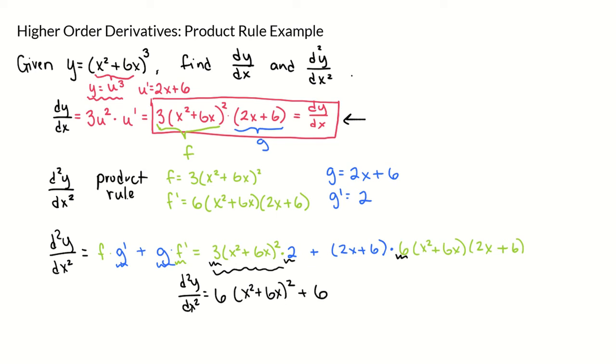Normally we write numbers or coefficients in front, times, I notice that we have (2x plus 6) times (2x plus 6), which we can write as (2x plus 6) squared, multiplied by (x squared plus 6x). And it's appropriate to leave our second derivative in this form.